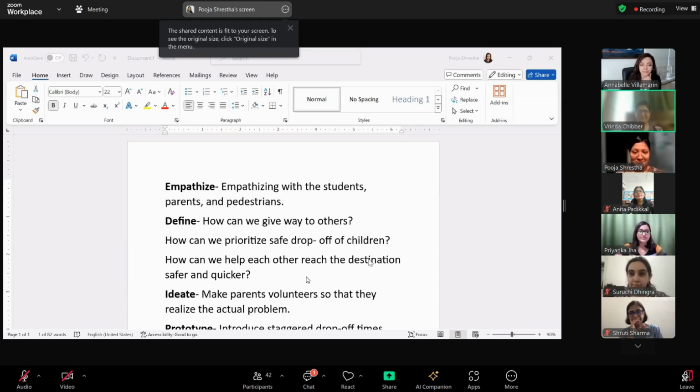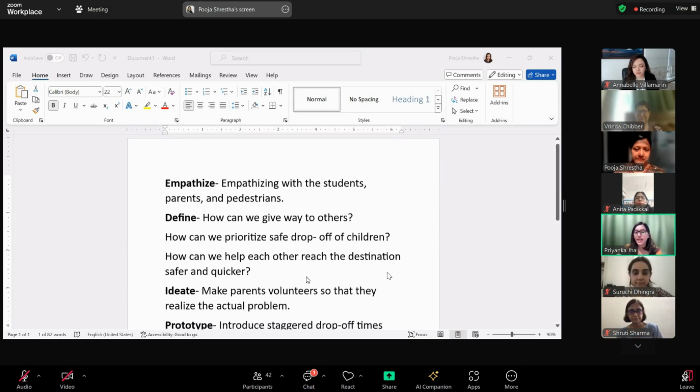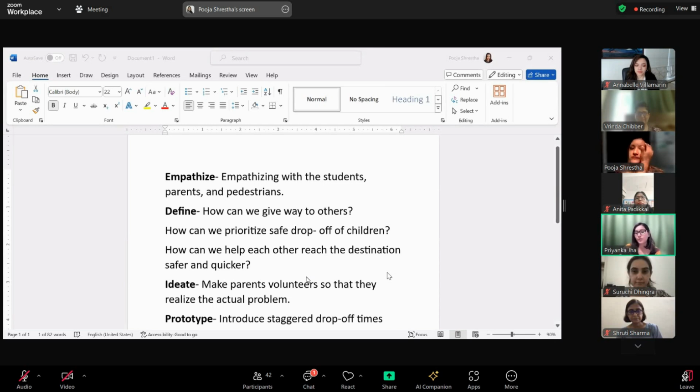Priyanka, let's start. So empathizing, we are empathizing basically with students, parents, and the other pedestrians waiting in the queue. And then our problem basically is how can we give way to others and how can we prioritize safe drop off of children? And how can we help each other reach the destination safer and quicker on time?